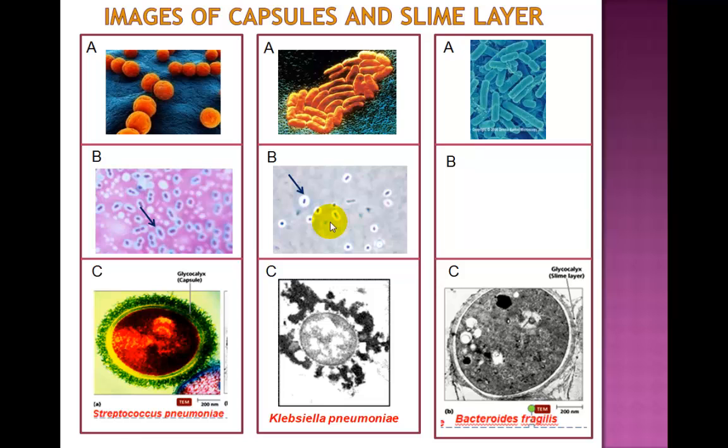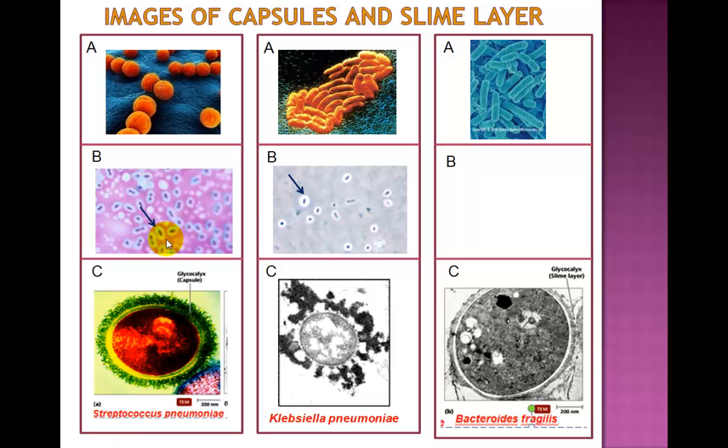So, what you see in dark blue is the bacteria itself inside the capsule, and so everything which is white and surrounding the bacteria is the capsule, shown by these blue arrows.